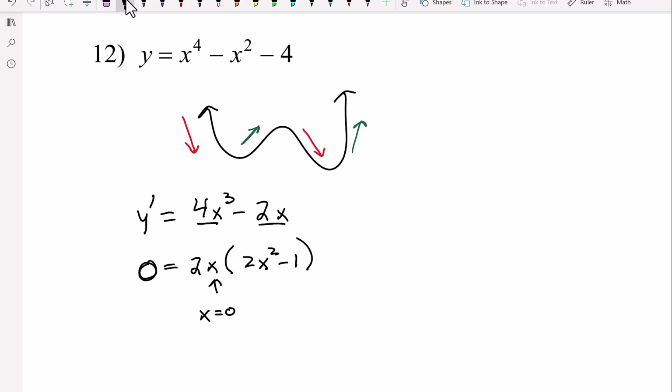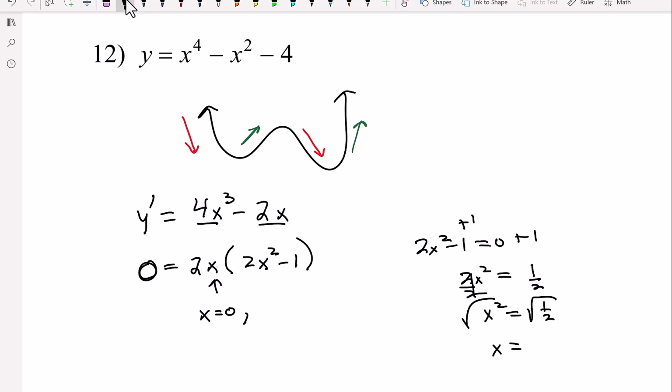But inside here, what do we have? So I'm going to set this whole thing equal to 0. I'm going to add 1. Now 2x squared is equal to 1. Divide by 2. So now I have x squared is equal to 1/2. When you take the square root of both sides, remember, when you're dealing with a quadratic, you take both the positive and negative.